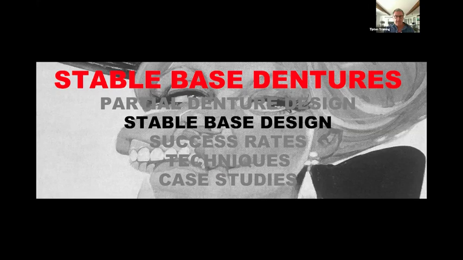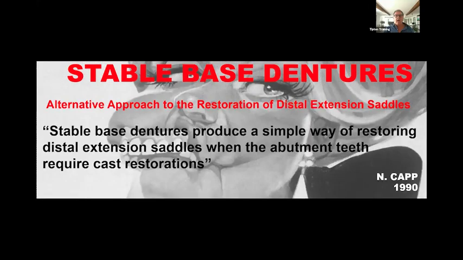I'm not talking during this presentation about tooth-borne partial dentures. Problems we have of trying to create stable occlusion where the missing teeth are also taking some of the occlusal load. So several papers on this which I'd like to discuss with you.